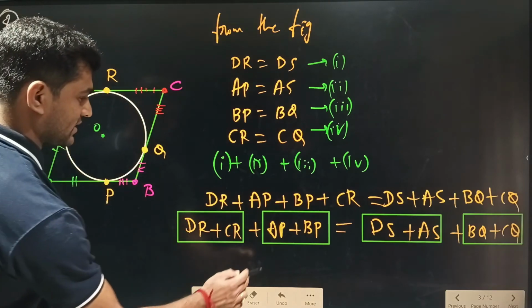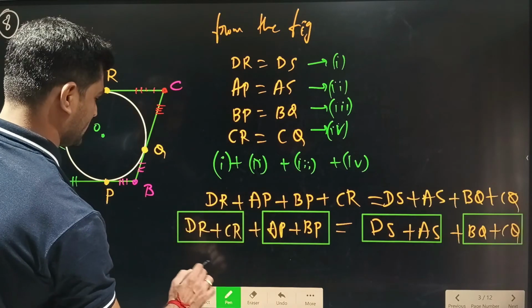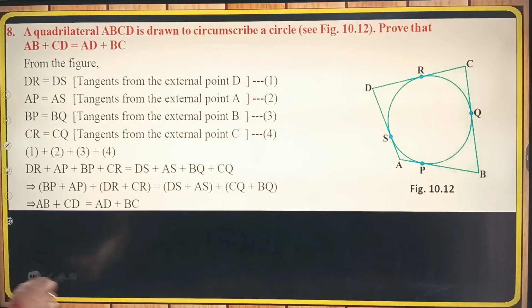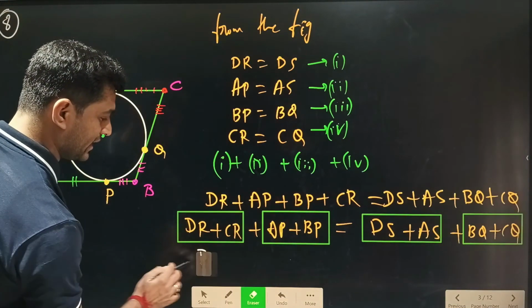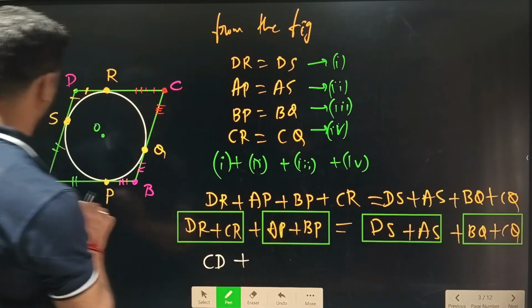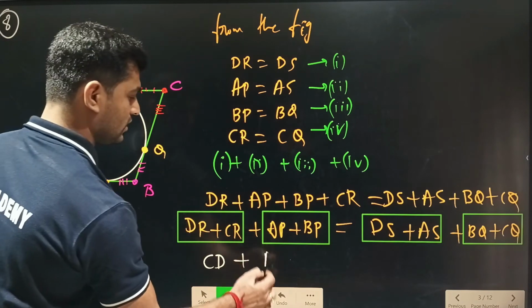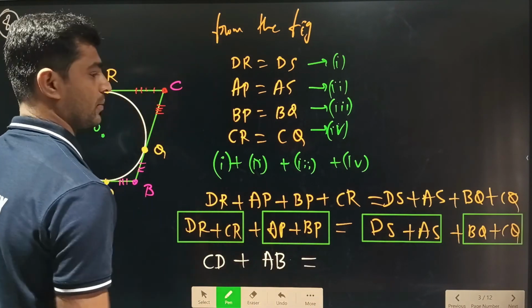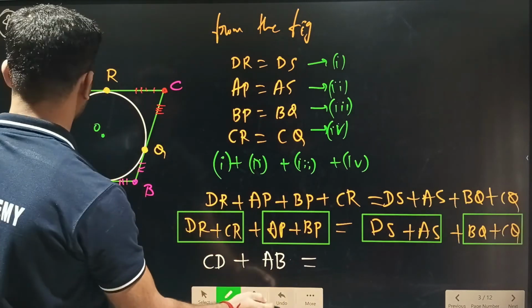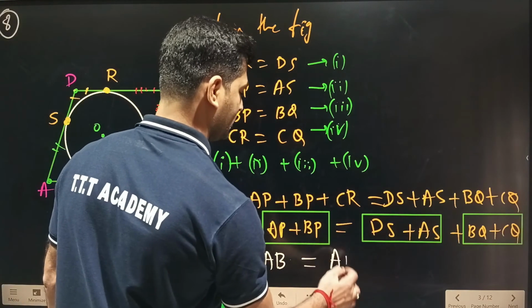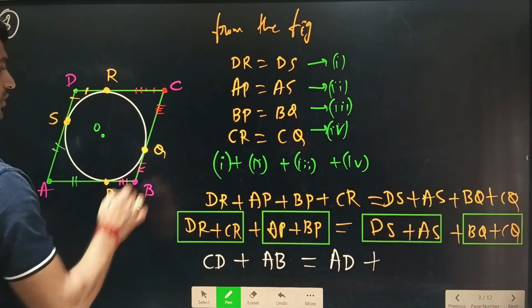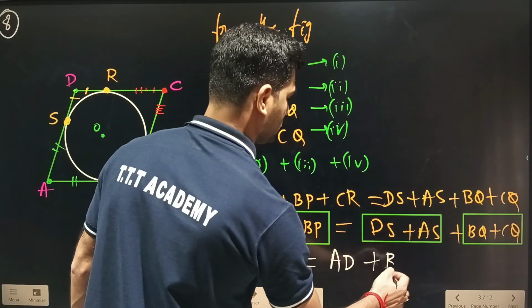He has asked to prove CD, so instead of writing DC, we can write CD. Next, AP plus BP, we can write AB, is equal to DS plus AS, which is AD or DA, plus BQ plus CQ, which totally is BC. Okay?